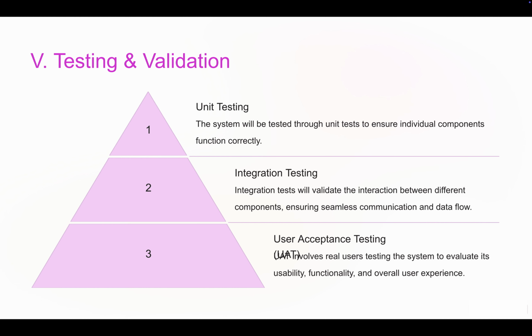The other point, user acceptance testing, involves real users testing the system to evaluate its usability, functionality, and overall user experience. Here we are done with the code and the project, but we cannot sell the project yet, because we first need to know if users like it.